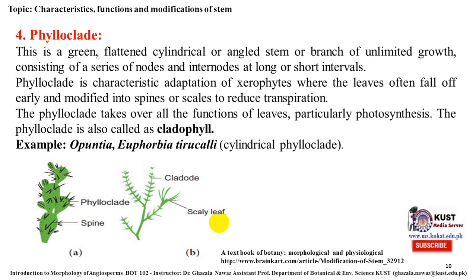Phylloclades are fleshy green, flattened or cylindrical branches of unlimited growth with nodes and internodes, and the nodes and internodes may be at short intervals.